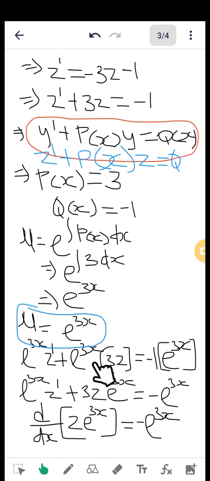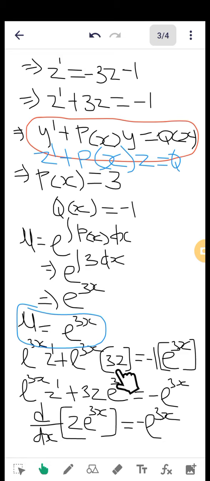After finding the integrating factor, we multiply it through the whole equation, the linear form we wrote earlier. Upon multiplying, we get e to the 3x multiplying z prime, plus e to the 3x multiplying 3z, equals minus 1 multiplying e to the 3x.